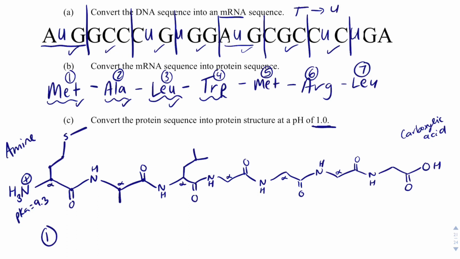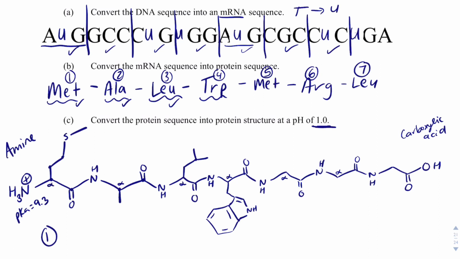TRP, which is tryptophan, and this one is always hard to draw, so just be patient with it. Oops, and I've already drawn it wrong. That's how hard it is to draw. Okay, so we have something that looks like this, and then this one is like this. Okay, so we have tryptophan.